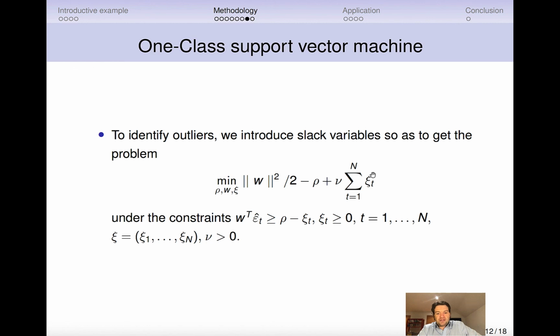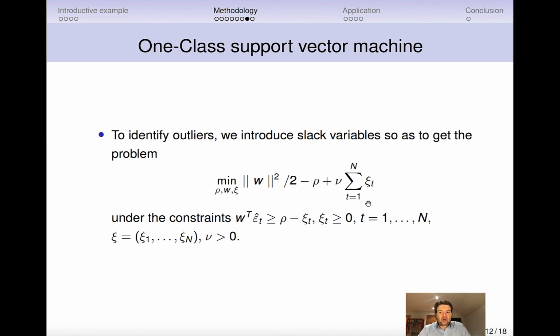Therefore, those quantities are larger than 0, and we have this new objective function. Now, with that, you derive with respect to rho, with respect to W, with respect to C, you reinsert the solution in the objective function, and you take the dual Lagrangian problem corresponding to that.